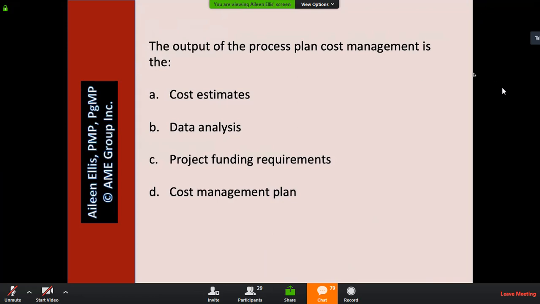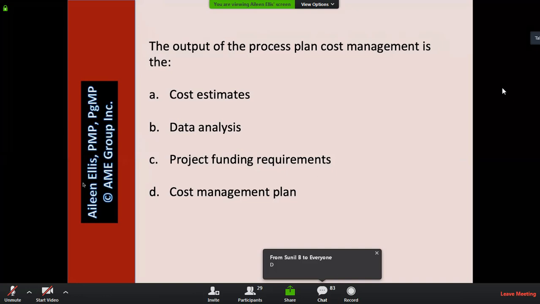So here we're going to see some questions. The output of the process plan cost management is the... So the output of plan cost management is not the cost estimates.